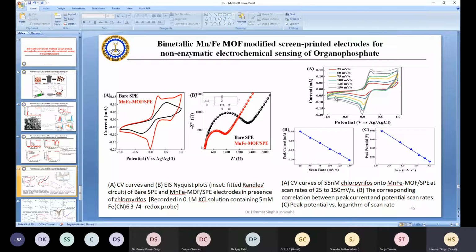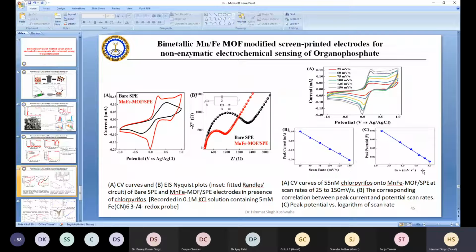Figure A shows the CV curves at different scan rates, and B and C show the linear response of the peak current with the scan rate.